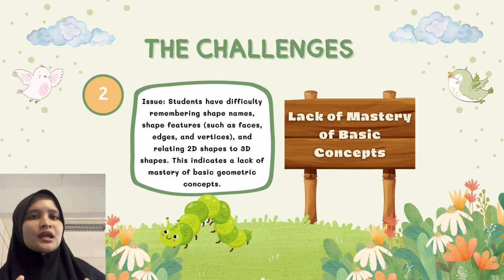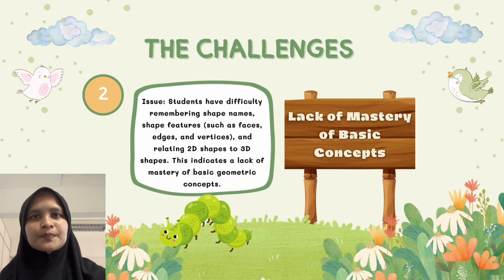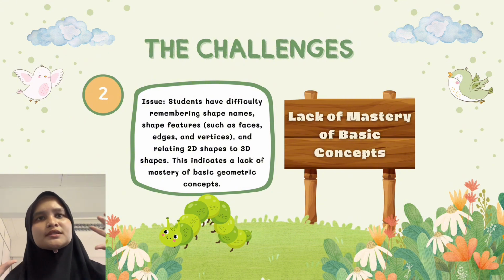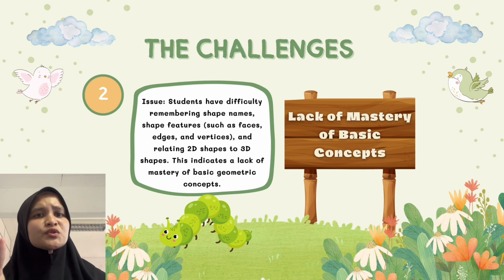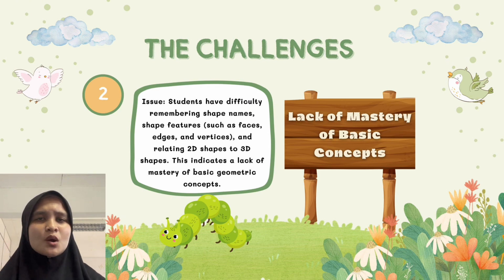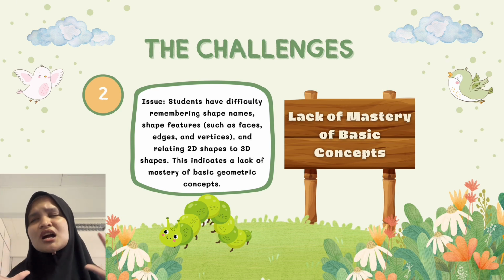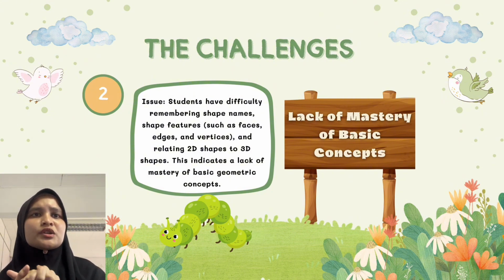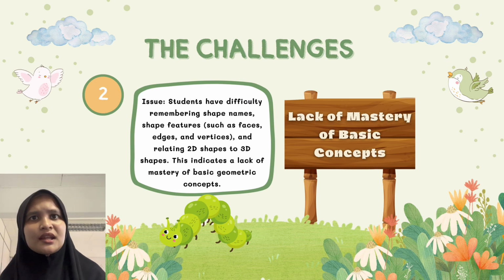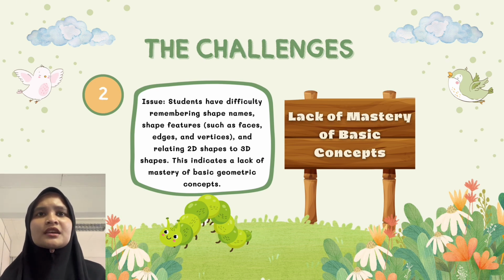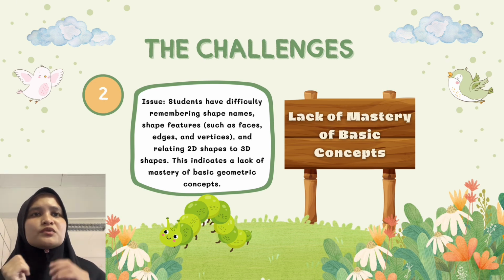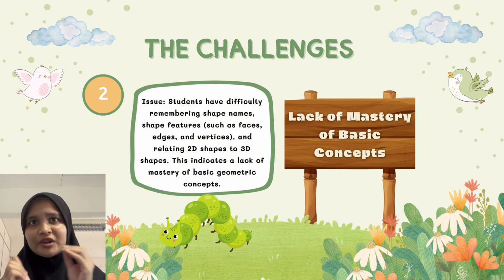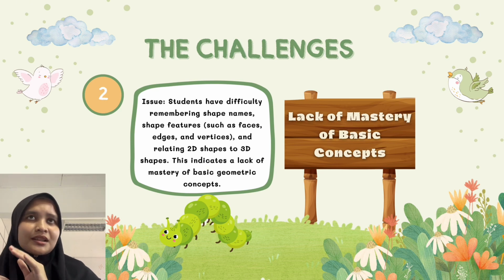So the next one is lack of visual and spatial skills, which is the issue is students often struggle with visualizing and drawing 2D and 3D shapes, especially when it comes to understanding how 3D shapes are formed from their nets. So the problem is worsened by inadequate teaching aids during online learning, where students rarely interact with tangible models or real life examples.